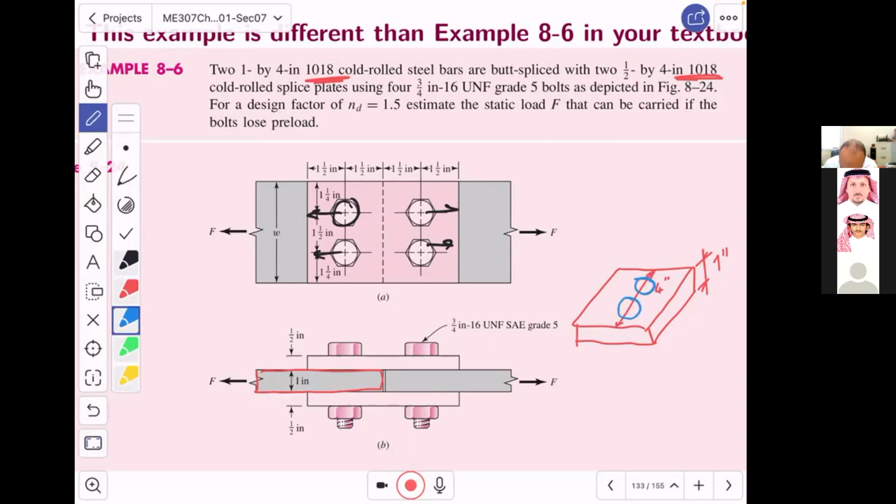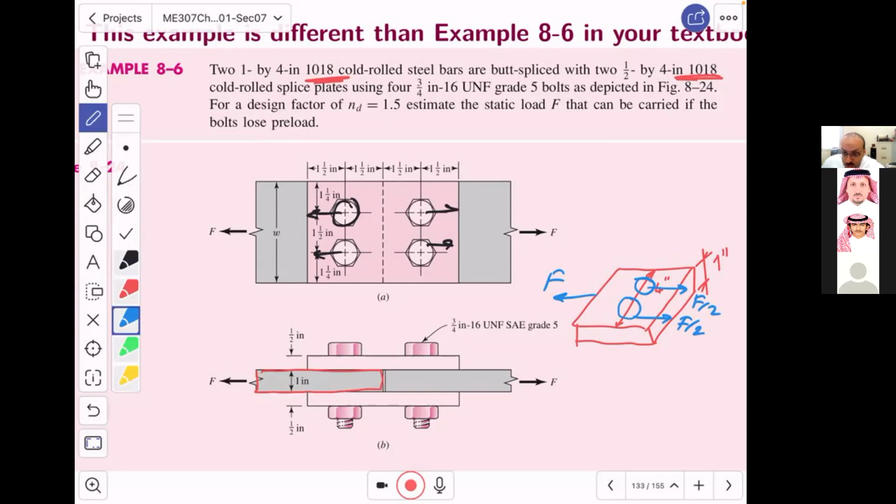So that force over here is going to be equal to F over 2 here and F over 2 here. So each bolt will take F over 2. That's it. That's a problem.